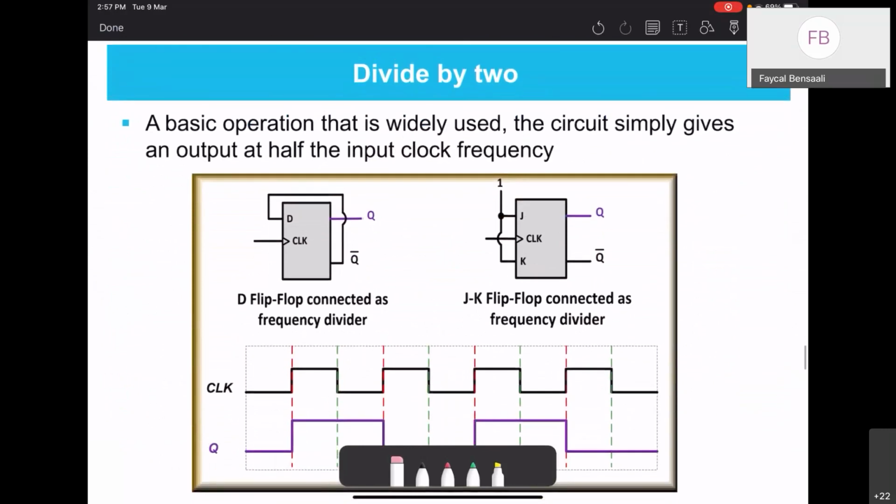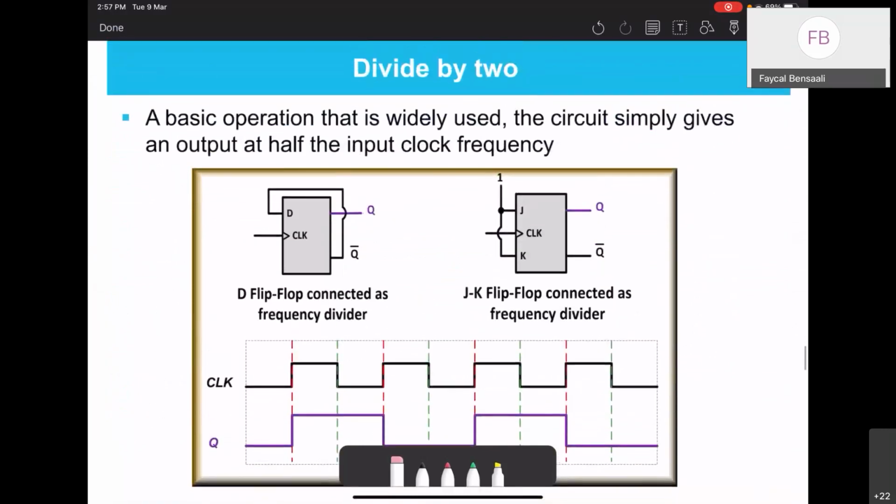Now I will show you a simple circuit that we can get with just one flip-flop, either a D flip-flop or a JK flip-flop.